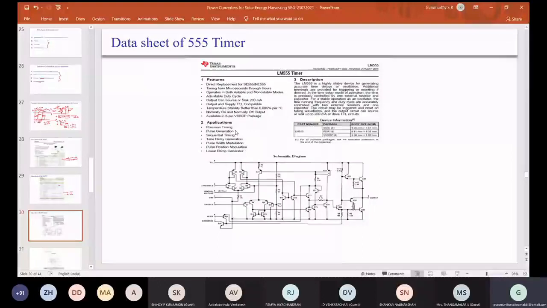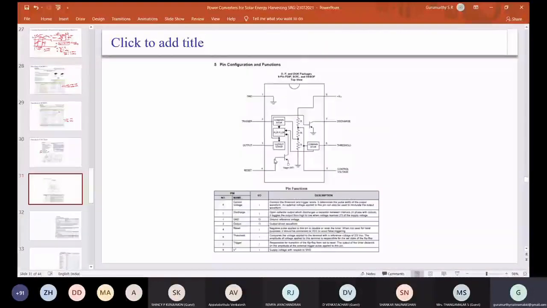I have selected 555. Then you can see what the pin configurations are, which you have to connect where. What the voltage and current levels are, what power supply you can give, all those things will be available in these data sheets.